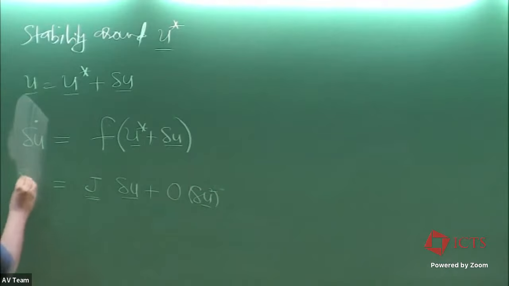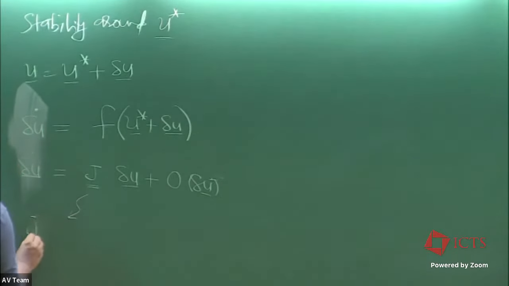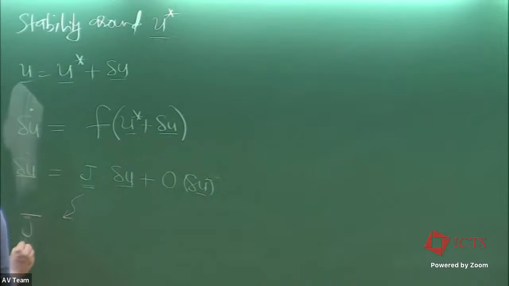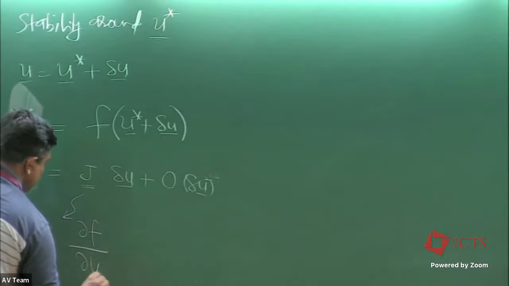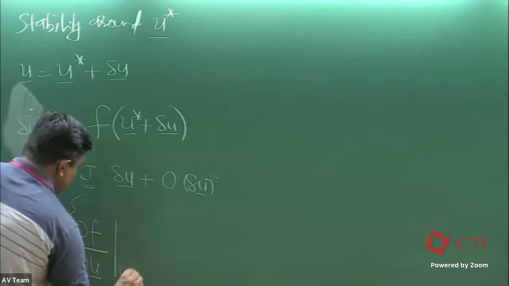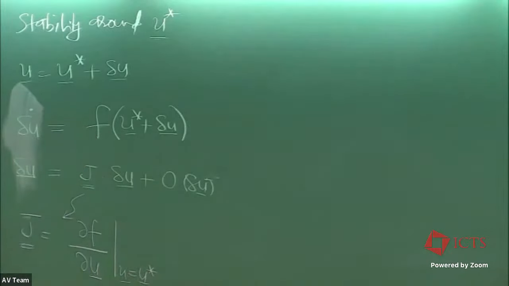Okay, so basically the stability is really governed by the Jacobian matrix. So J is the derivative of f with respect to the U variables evaluated at U equal to U star. So remember, that will be a matrix in general.